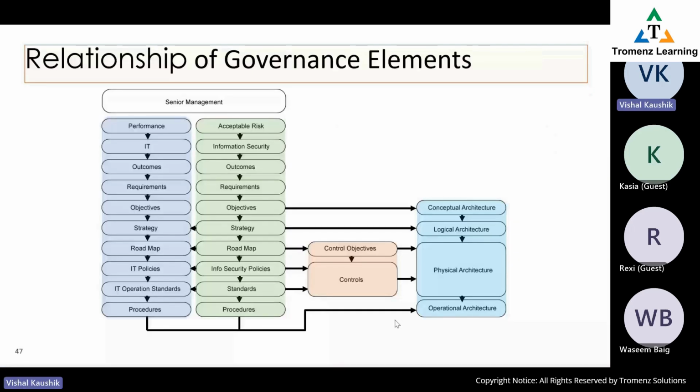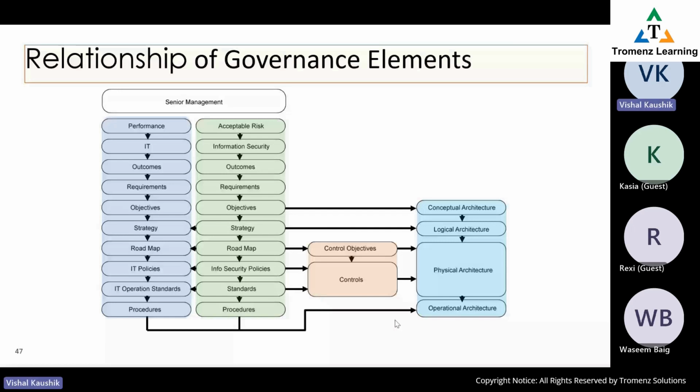Next, looking at the relationship of governance elements. On our left, there's the IT aspect, mainly concerned with performance of technology assets. And on the right, we have information security, which is mainly concerned with managing risk to an acceptable level.